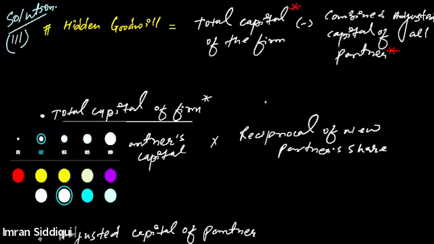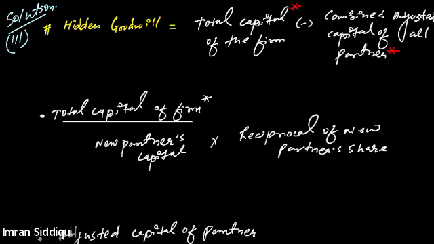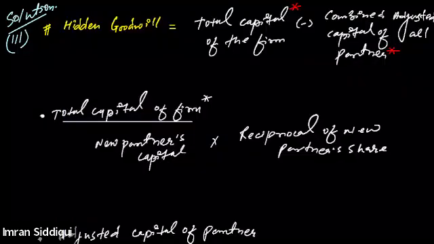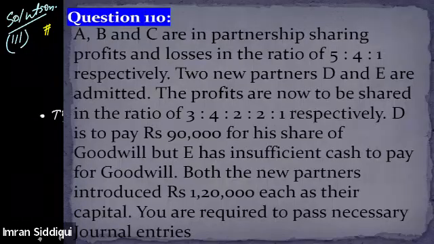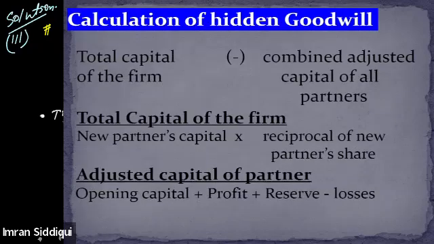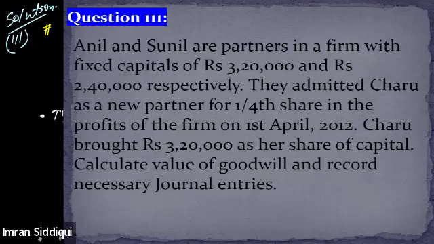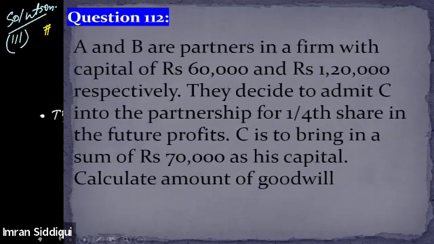Now just tell me, what is the new partner's capital given in the question? So this is the value of the capital that the new partner is bringing in the business.